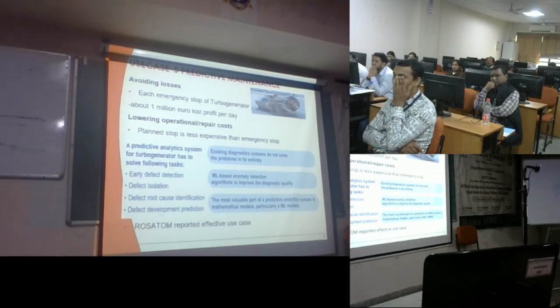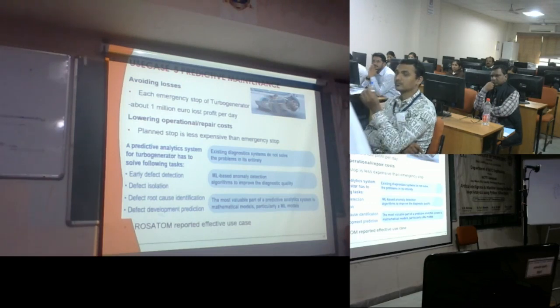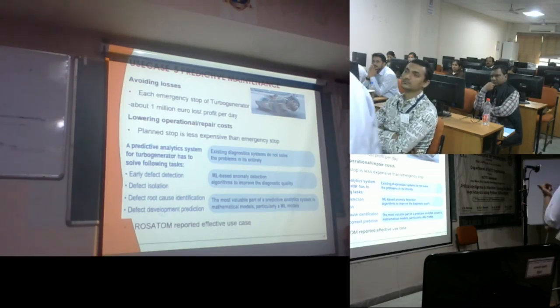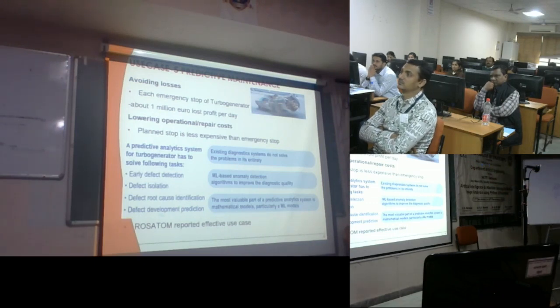But those are very costly. If our nuclear power plant remains in a shutdown state for one day, that will be a loss of 1 million euros per day. That is the loss that the nuclear power plant utility needs to bear. And in case of emergency shutdown, it has to remain shut down for at least 2 to 3 days.